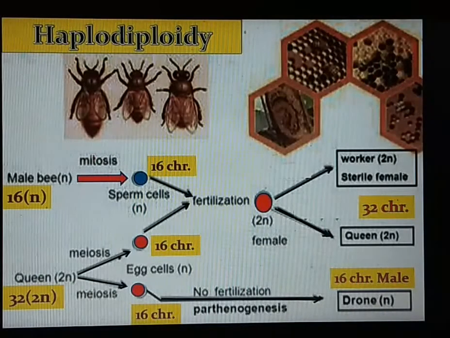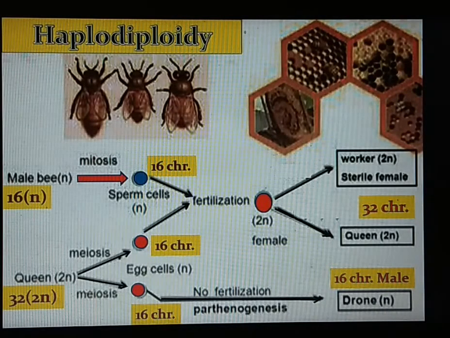So listen carefully. Male individuals will have 16 chromosomes and they are haploid, whereas females will have 32 chromosomes and they are diploid.